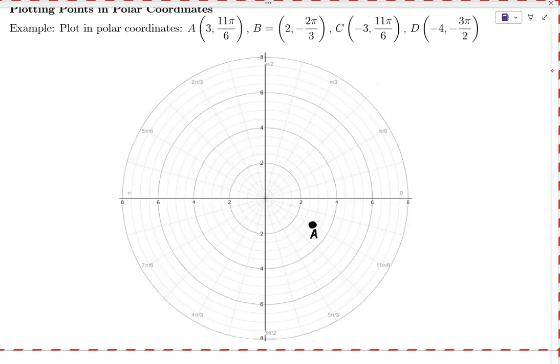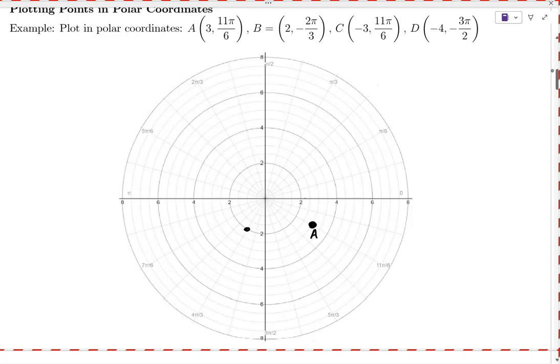Okay. The next point has a radius of 2. So we're going to go out 2 to the right. But now since it's negative 2 pi over 3, which way should I rotate? Up or down? Down. Rotate around down 2 pi over 3 lands right here. Right? We end up here. 2 pi over 3 would be that way, right?